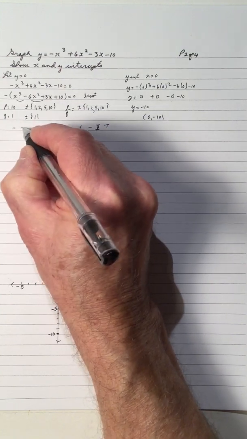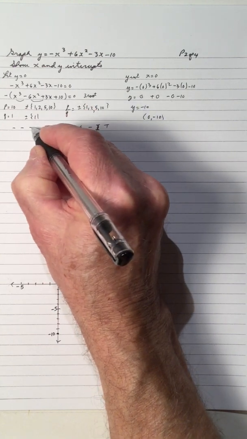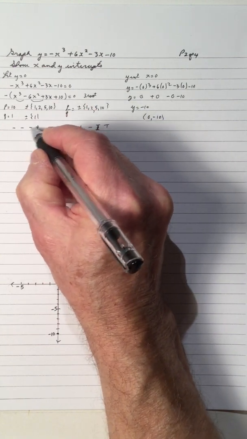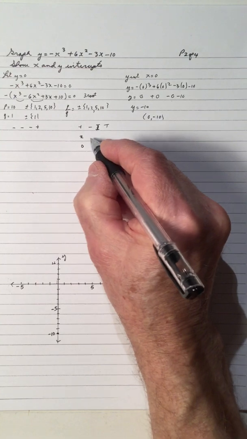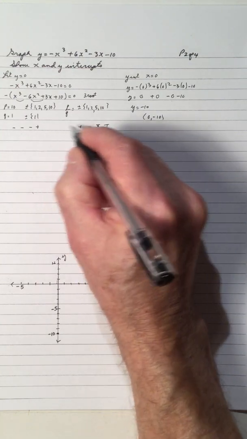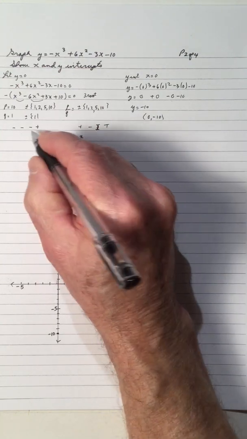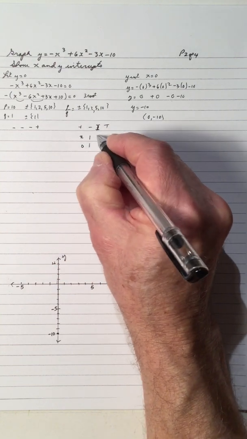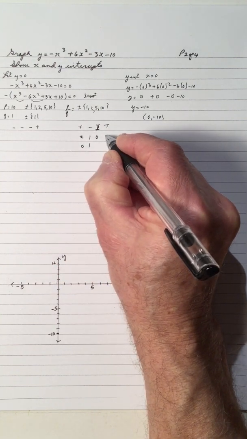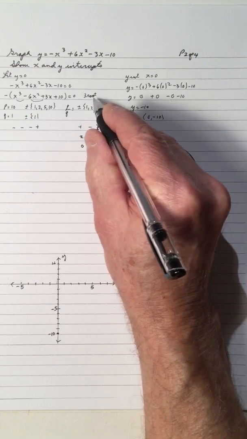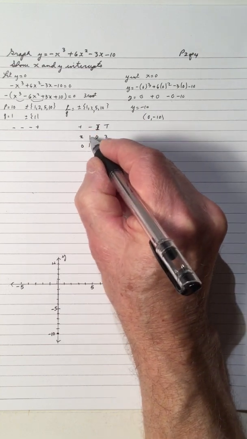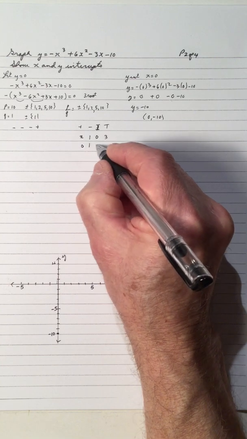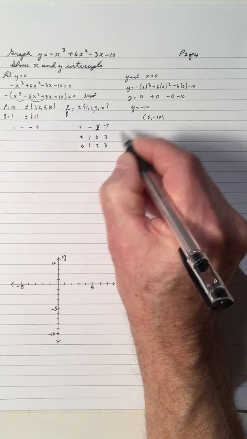Put a negative here, I get a negative. Put a negative here, I get a negative, and plus 10. So we get 1 negative for each case. So there are no imaginaries and the total is 3. We got no positives, 1 negative, 2 imaginaries. Total is 3.